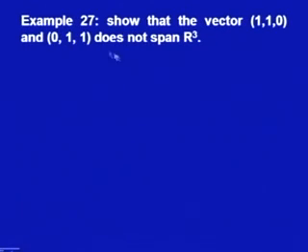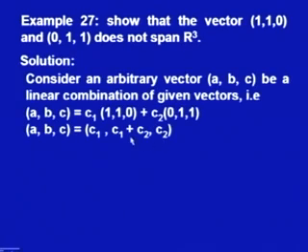However, in this example we have to show that the vectors (1,1,0) and (0,1,1) do not span the vector space R3. So, let us see the solution. We consider an arbitrary vector (a,b,c) and consider it to be a linear combination of the given vectors.